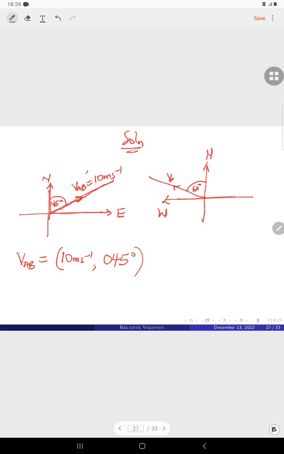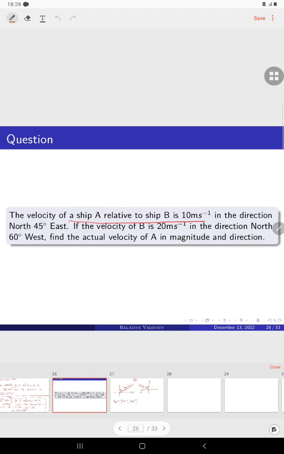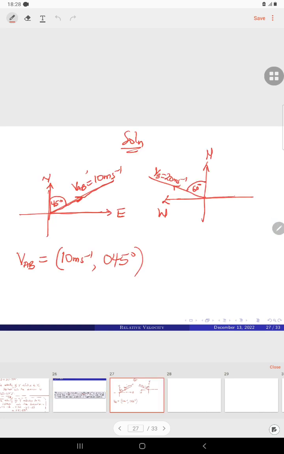This is velocity of B, and the magnitude has been given to be 20 meters per second. Yeah, north 60 degrees west.